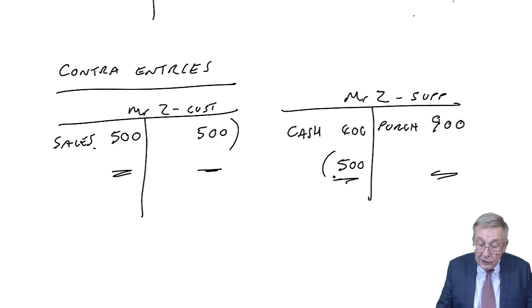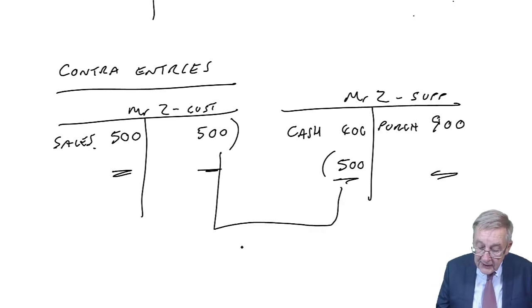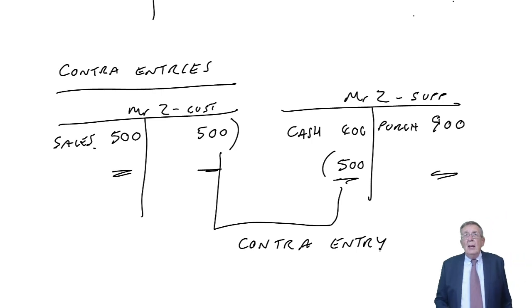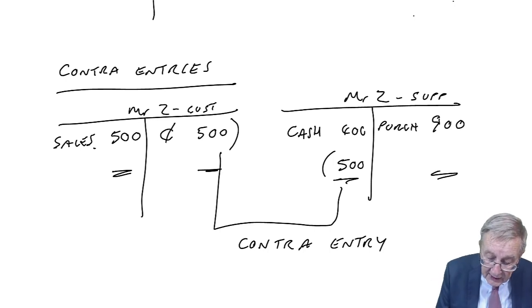Now that entry has a name. It's called a Contra entry. Because it's really just almost a correcting entry, cancelling two balances. Out of interest, it does have a symbol, a C with a line through it.